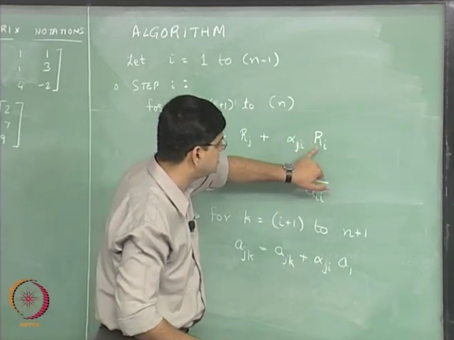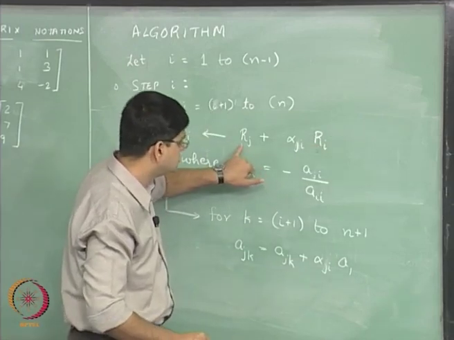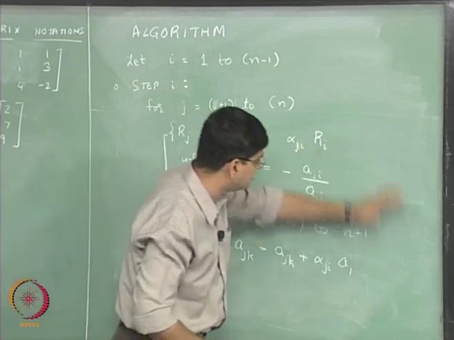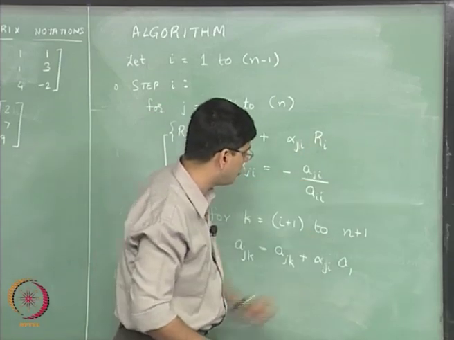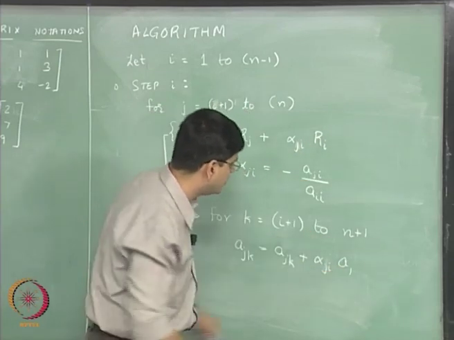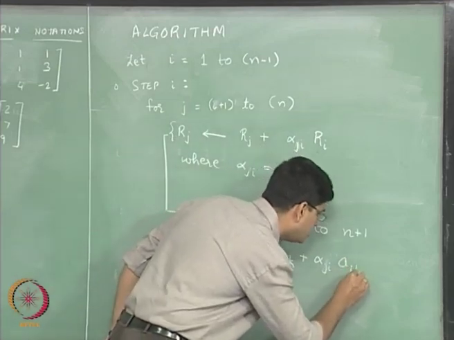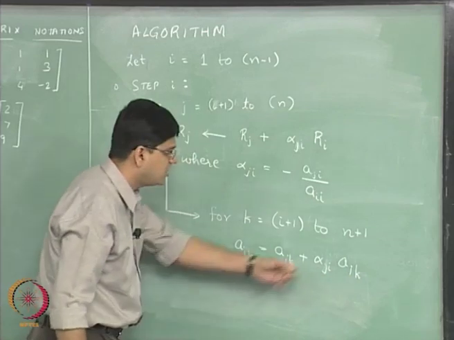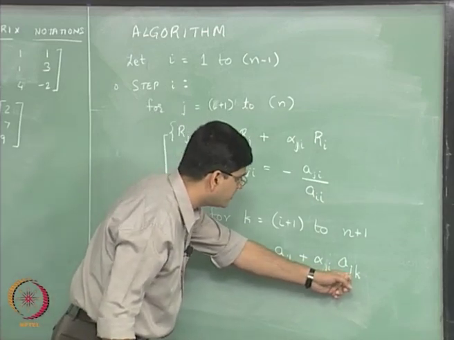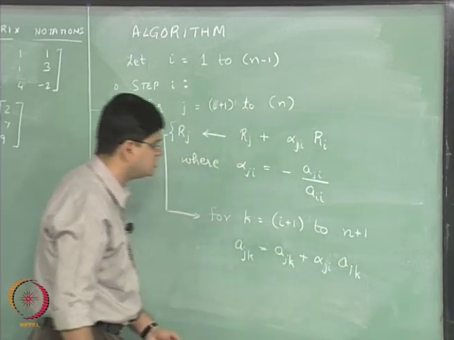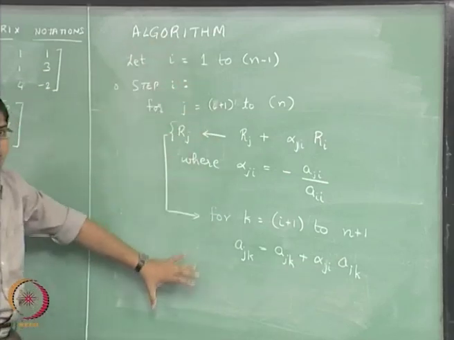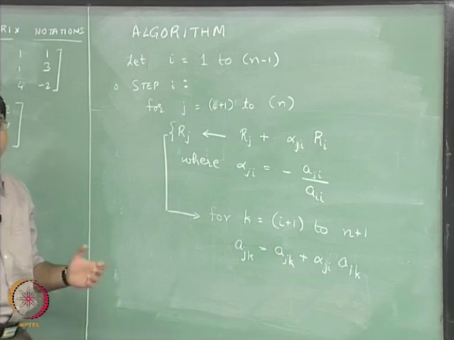Sorry, we are going to use the ith row in order to make zeros in the ith column of the jth row, and this will change all the other columns as well. So this is going to be a_{i,k}, because this is the kth column, and we are going to use the row i in order to change that particular variable. So this is very roughly what algorithm we are going to follow.